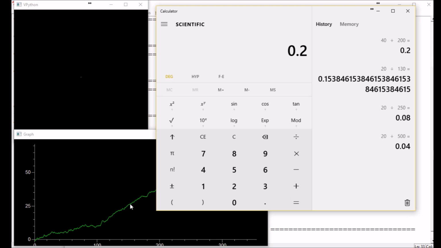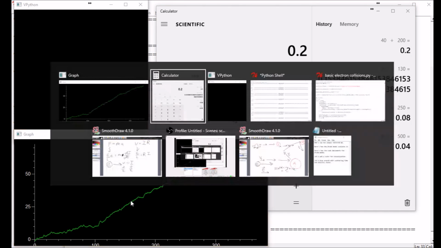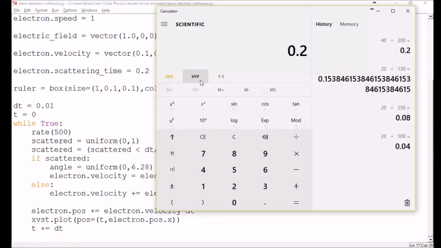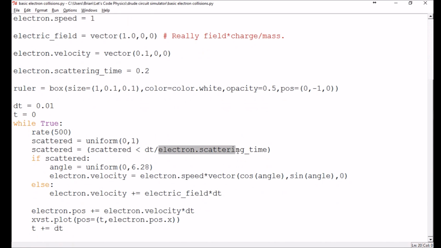Why is it going faster with a... Oh, excuse me. It should be going faster. Gosh, I hate putting things in denominators. We made the scattering time larger, and that made our speed faster. Yes, that is exactly what you would expect because we're making the scattering less probable because we've increased the denominator here.